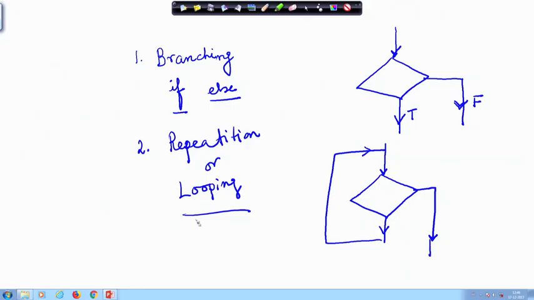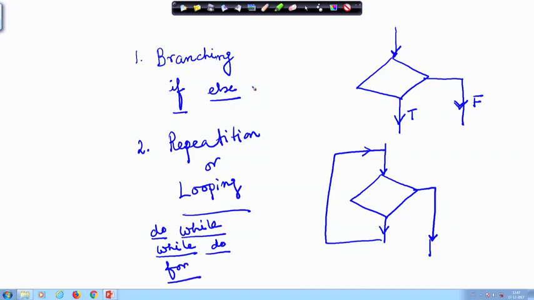This repetition we could achieve by the while statement, do while statement, or the for statement.